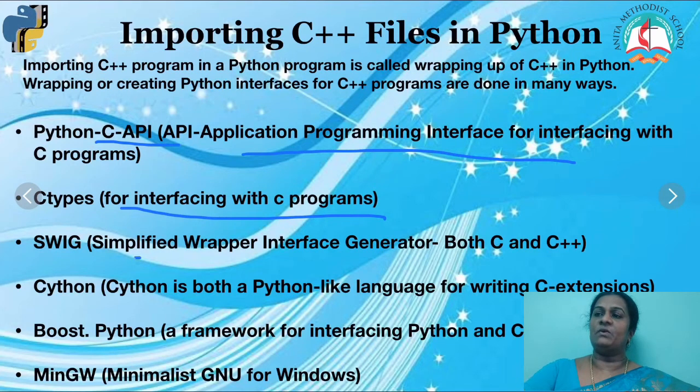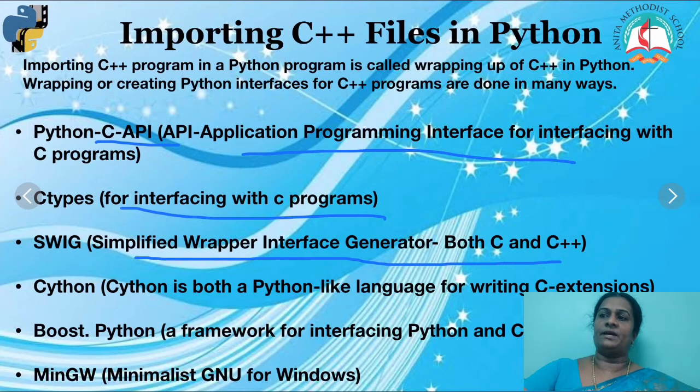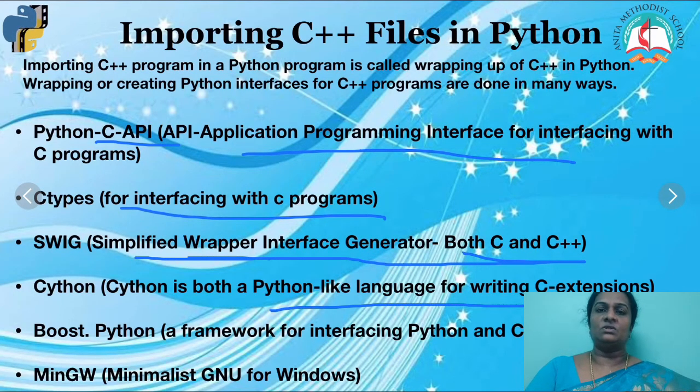Then SWIG, the Simplified Wrapper Interface Generator. What is a wrapper? It means wrapping of text, for both C and C++, and for Python-like languages. So this is also one kind of Python-like programming concept.